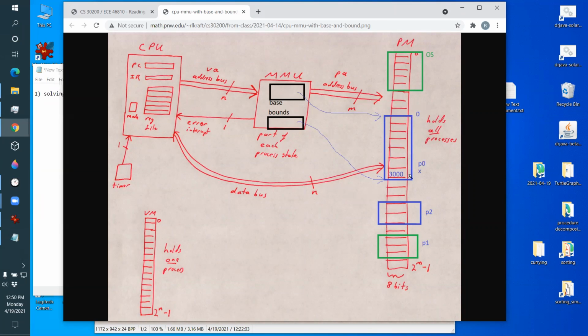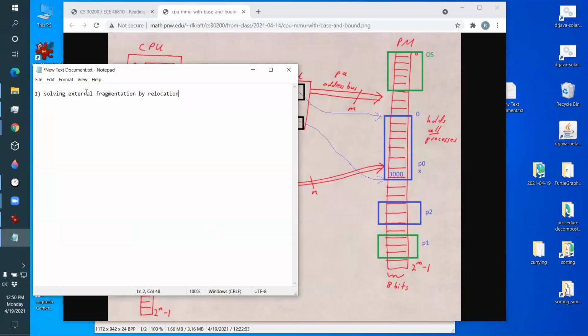This is referred to as relocation. The fragmented memory that's outside of the process is called external fragmentation. In a minute we're going to talk about something called internal fragmentation. Fragmentation is when there's wasted memory. Fragmentation means memory's cut up in chunks, and the chunks are separated from each other, and you can't use these unused chunks because they're not quite big enough. A fragment is an unused chunk of memory.